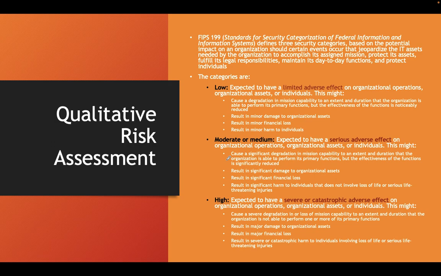Now, this can cause a severe degradation, very severe degradation. You see, here we're using severe, resulting in major damage to the organization's asset. This will result in severe or catastrophic harm to the individual, involving the loss of life. This could result in loss of life or serious life-threatening injuries.